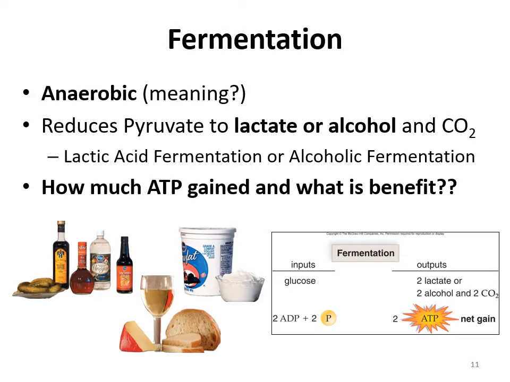So if I asked you what happens to a glucose molecule if there's no oxygen, how much ATP can a cell get from glucose if there's no oxygen? The answer is it goes through glycolysis and fermentation and the cell gets 2 ATP.